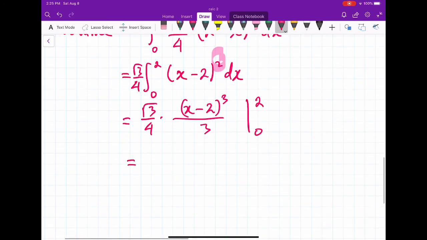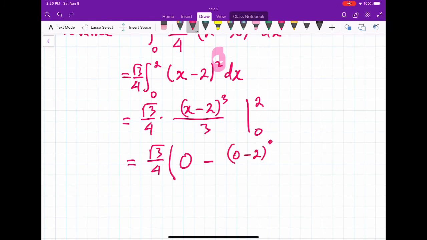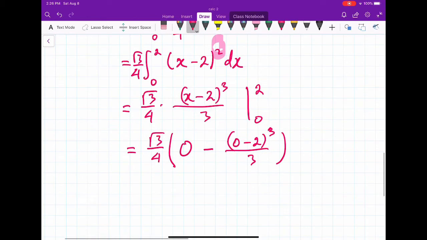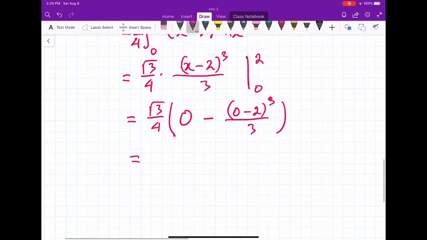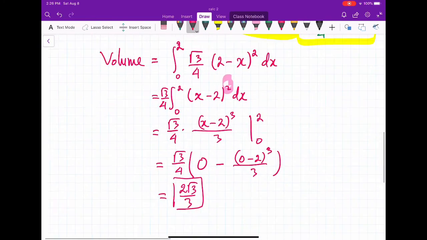So you just plug 0 and 2 into the function. At 2, the function is 0. So I write 0 in here minus 0 minus 2 cubed over 3. And you simplify this, you get 2 square root 3 over 3. And that is the volume of our solid.